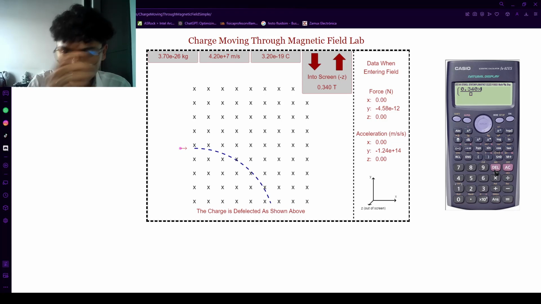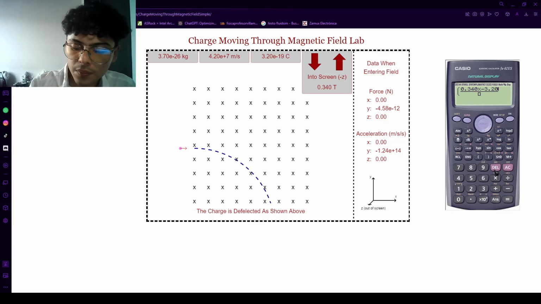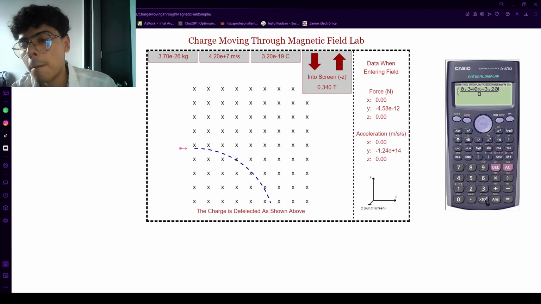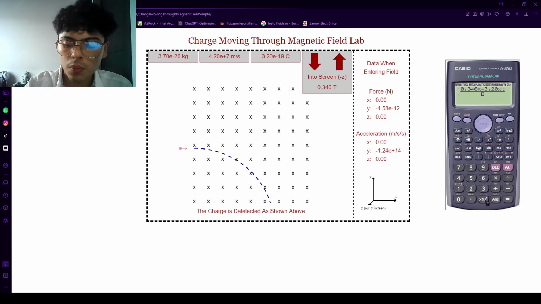In this case the charge is negative, so it is negative 3.20 multiplied by 10 to the power negative 19.